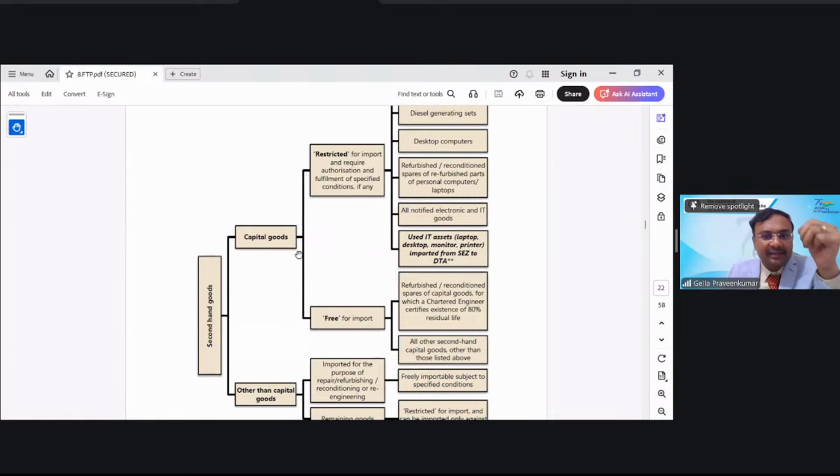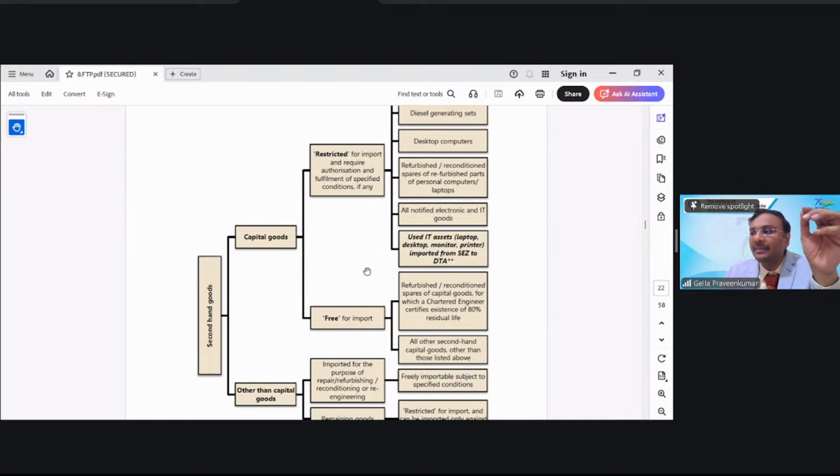Then the other category is called free for import, where refurbished or reconditioned spare parts or parts of capital goods, for which a chartered engineer certifies existence of 80% residual life. They say that those capital goods which are refurbished or reconditioned, for which the chartered engineer certifies that residual life of 80% is there.